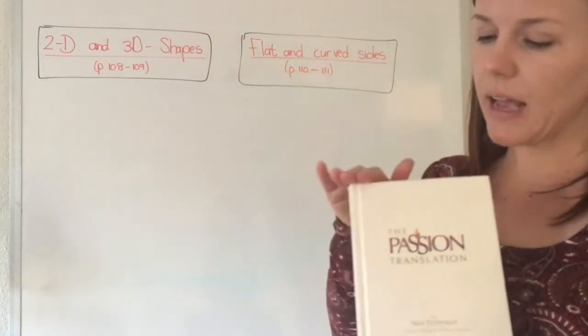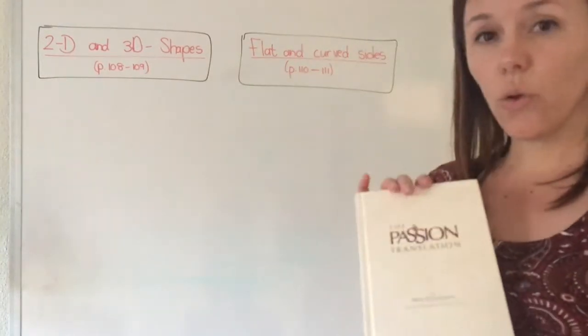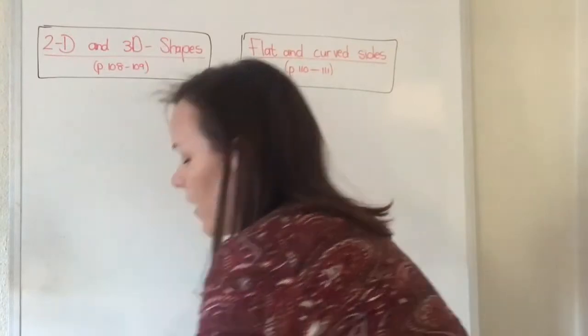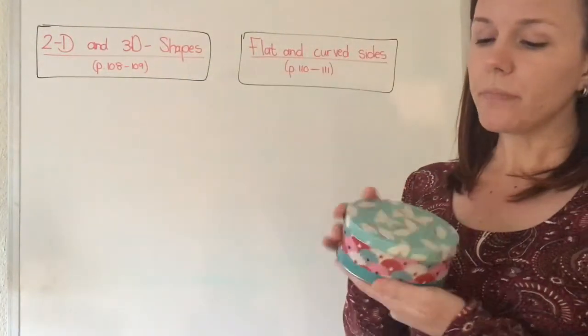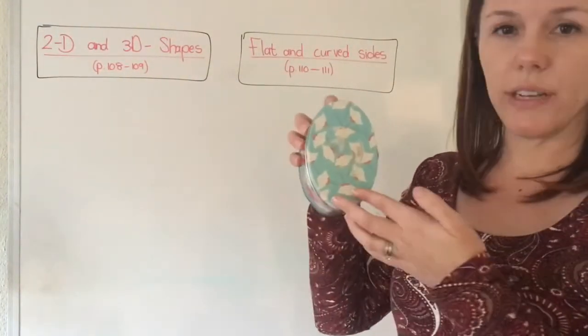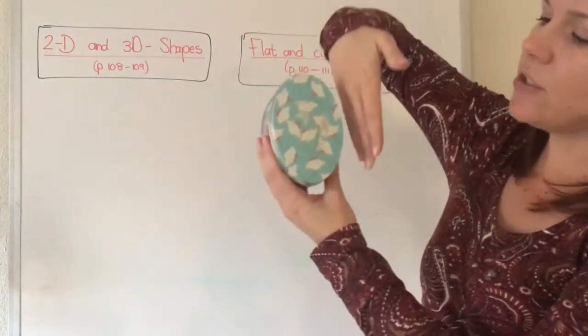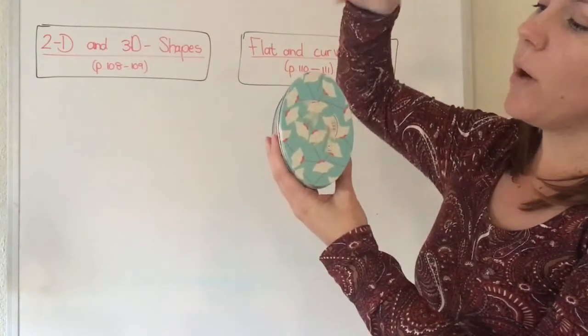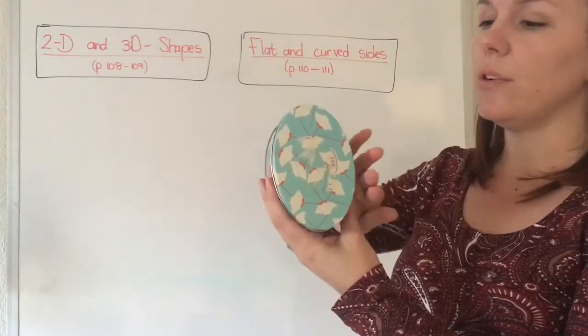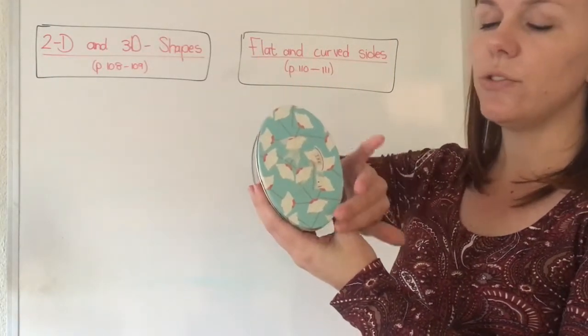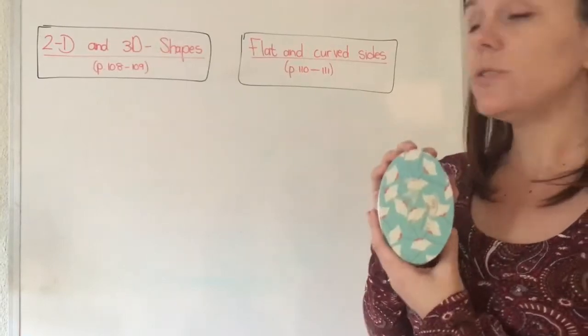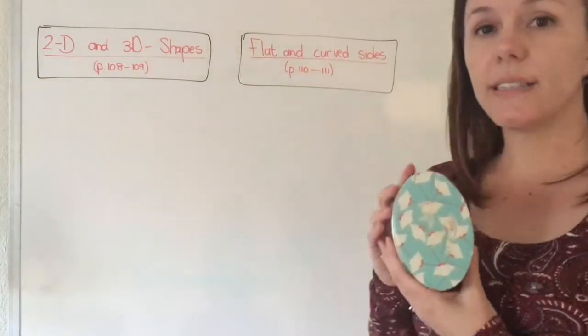That's a flat side and a flat side. It's all flat sides. But if I look at this one, this is more rounded. It's not straight, and if I put a ruler next to it like that, it won't go exactly with the ruler. It curves to the sides, and so those we call curved sides.